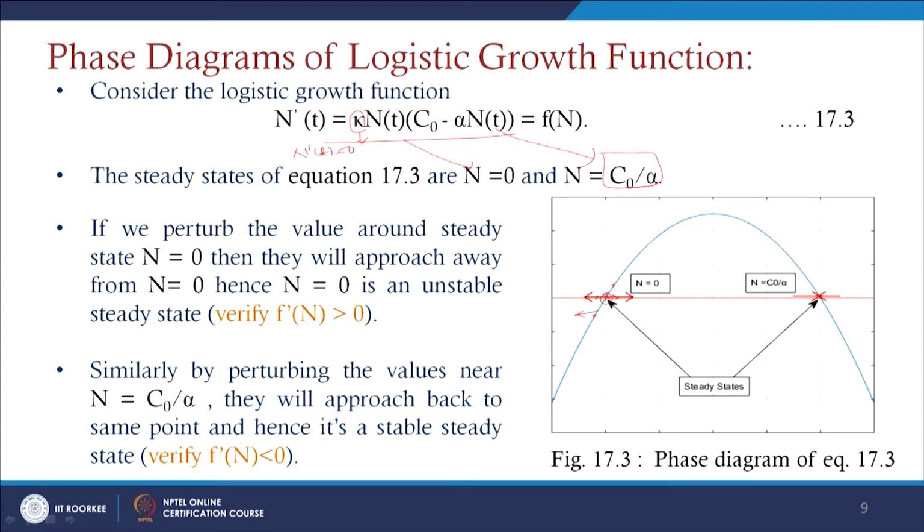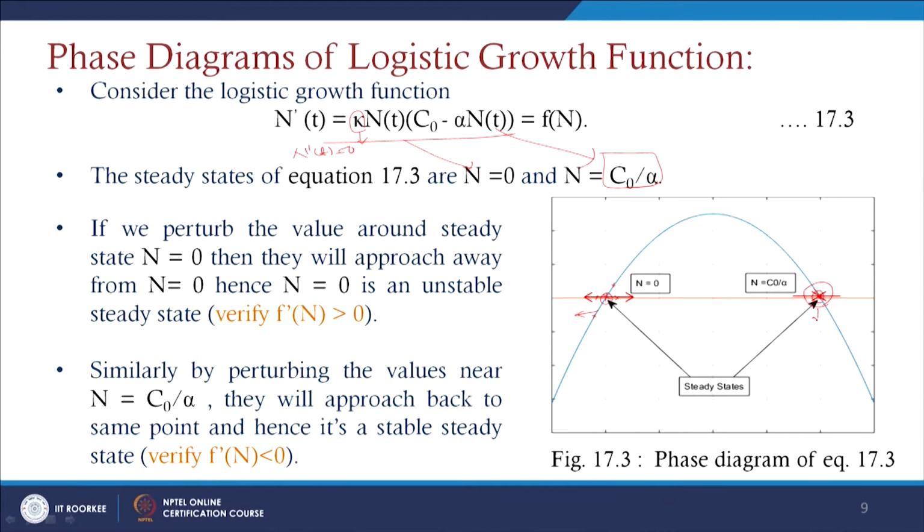If we go towards the point C0 by alpha, the function is monotonically decreasing, so it will again decrease towards the point C0 by alpha. Hence, this is a stable point and the other is an unstable point, as we have also written.